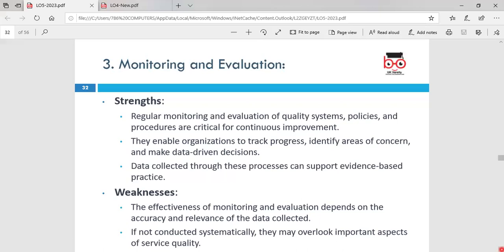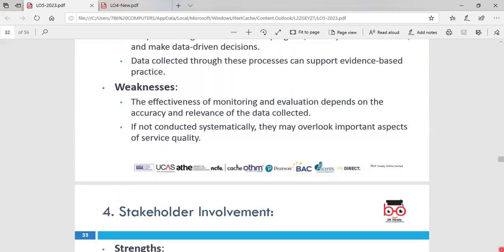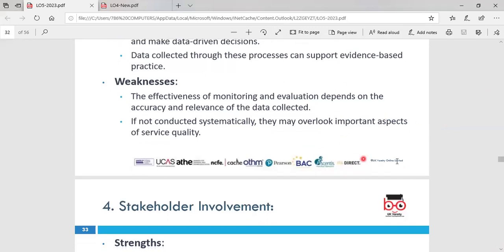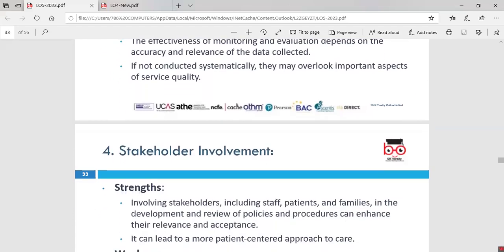Whatever concerns or issues are occurring are highlighted through monitoring and evaluation. However, it depends upon the accuracy and relevance of the data that you're collecting. And if it's not conducted systematically, some things may be overlooked. So monitoring and evaluation has to be conducted regularly and systematically.